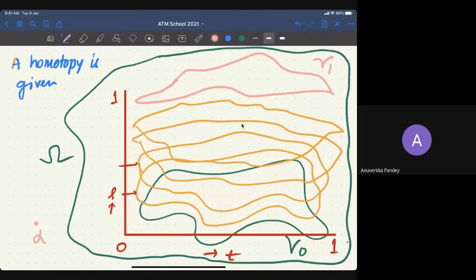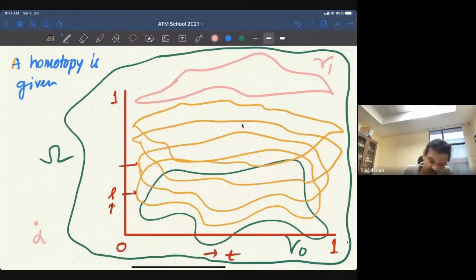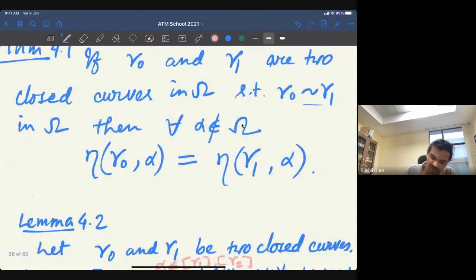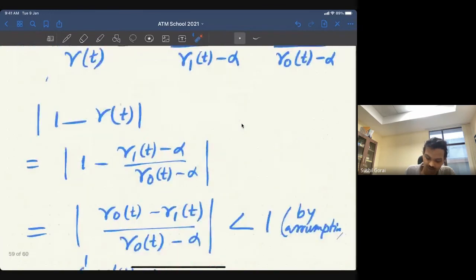Sir, why do we draw these curves gamma s between gamma 0 and gamma 1? Because it is given now. So you have a homotopy H given, right?